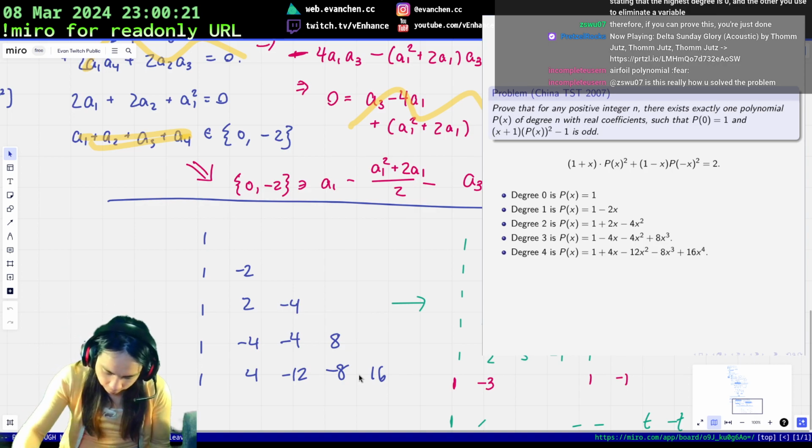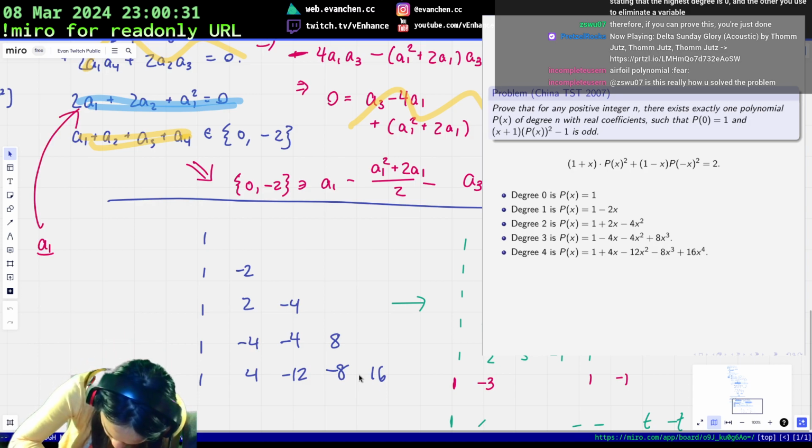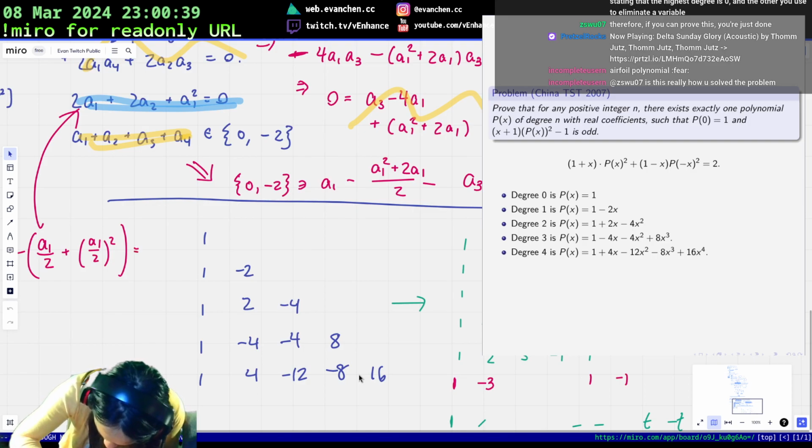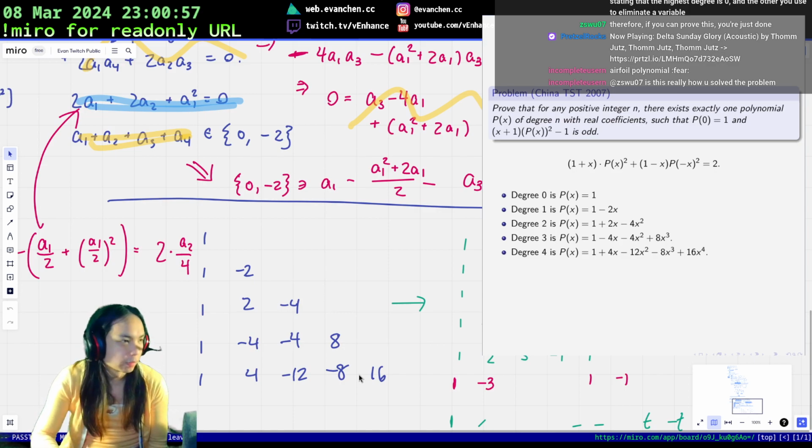So this equation here says that a1 over 2 is like minus something like this.